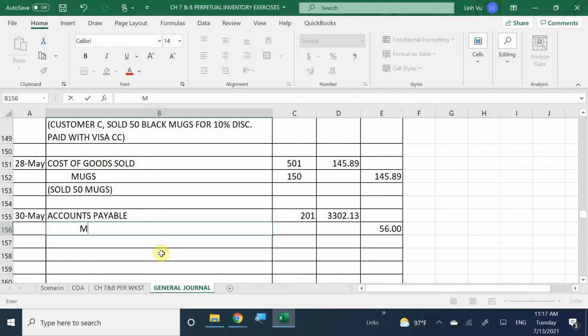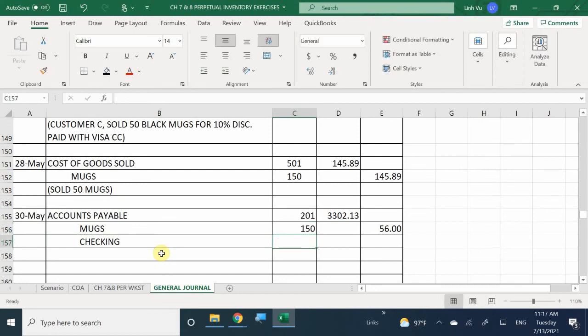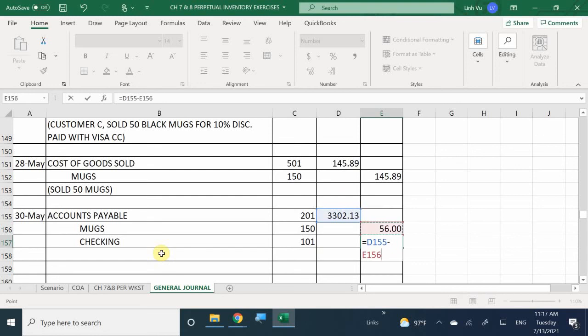Where purchase expense, it's kind of hard to move things out of purchase expense. So that's why you have to create a contra account. Okay, so there we go. Mugs. Then what is my total amount that I'm going to pay my vendor? 3246.13.